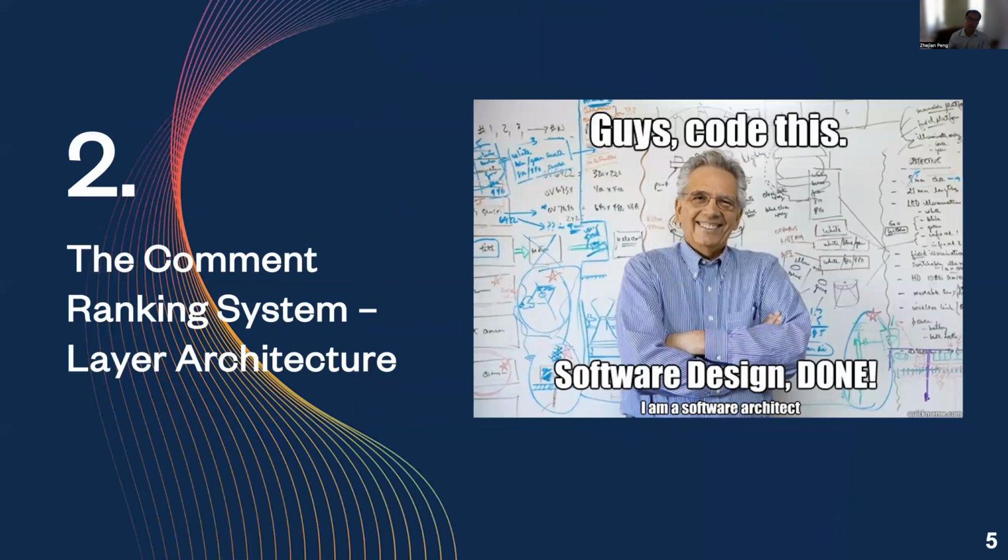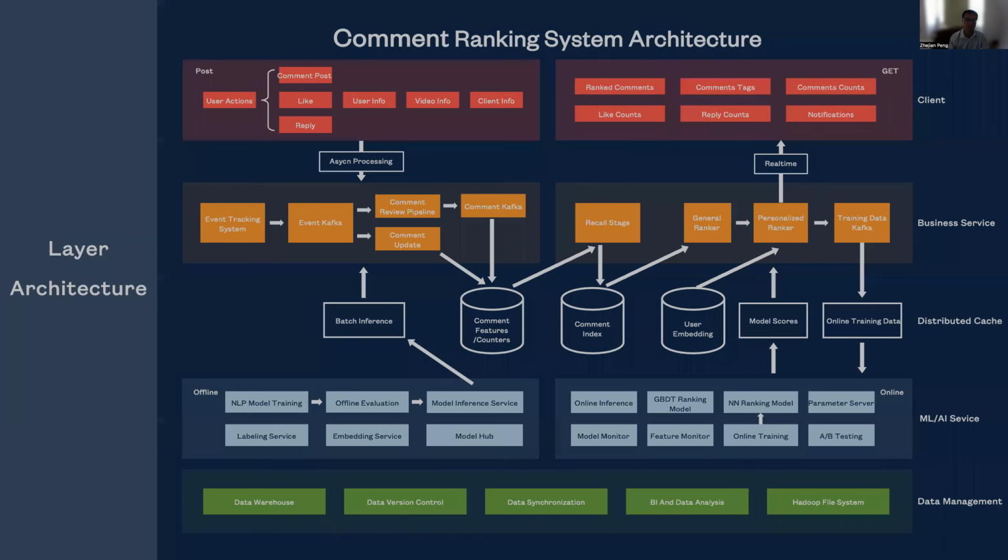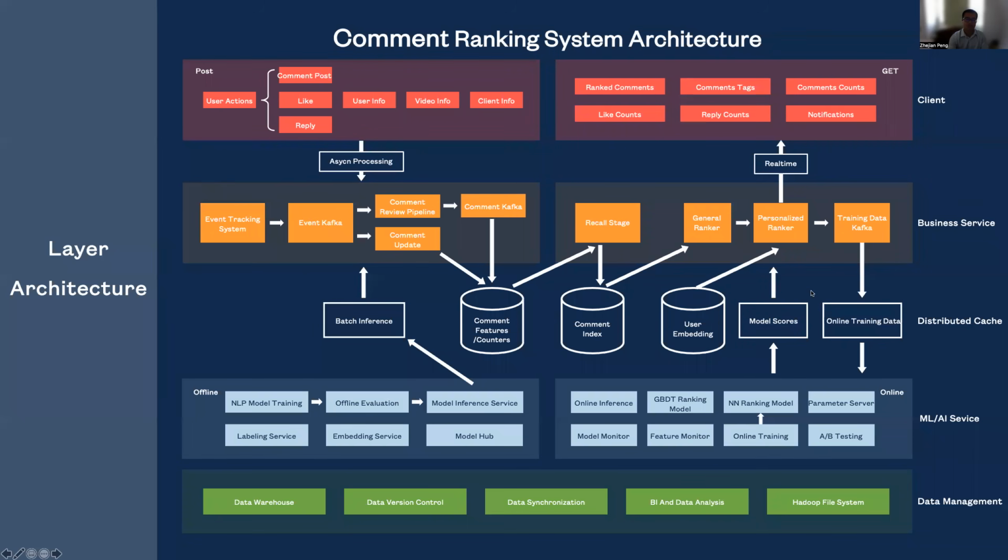So let's start talking about the comment ranking system layer architecture. I put a funny picture here, just saying this is the abstract form of the architecture. The real system will be much more complex than this. Let's take a look at this. I divided the comment ranking system into two parts.